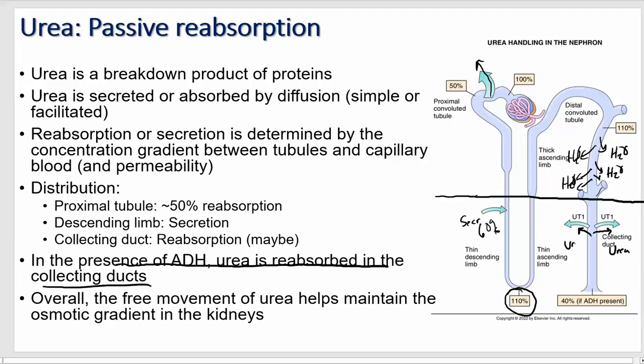So let's think about that. Okay, so we had it moved in over here. That's fine. And now we're saying, okay, urea, there's a lot of water moving out into this area, because that's what ADH does, is it lets the water go out. And it's like, well, but you know what?